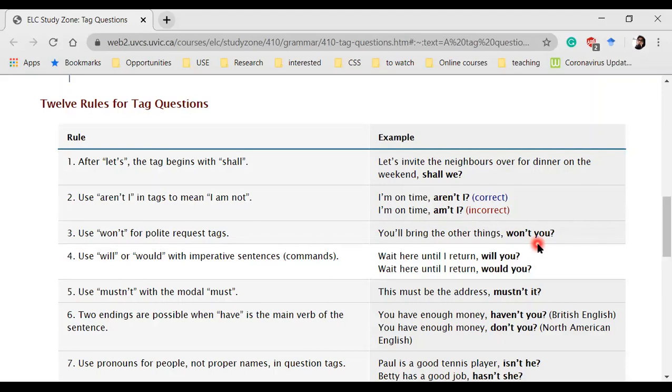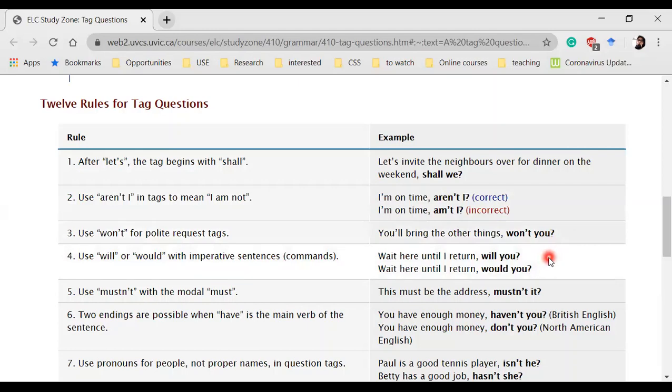But for making it more polite, won't you? So won't you would be used for polite request tags. When we are asking a question in the form of a request, you would say you'll bring the other things, or you'll do my work, won't you? So when we are trying to be polite or making a request, we would use won't.